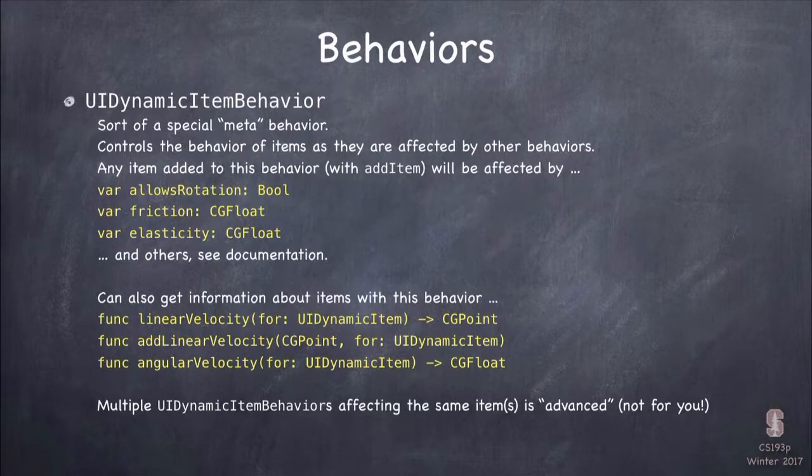When your view goes off screen, when your view controller disappears, you're going to want to remove the behaviors from the animator and stop animating, because you don't want to be animating when not on screen. It's a waste of energy. But when you go back to the view, you want all of the animated things to continue as they were. Well, they will, except they'll have lost all their velocity. So you have to put their velocity back. You grab all their linear velocities, store them away somewhere, and when you come back, add the linear velocity back.